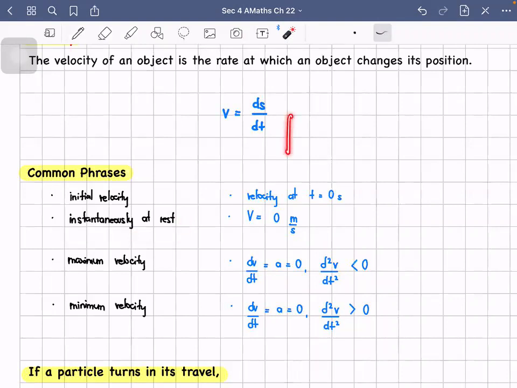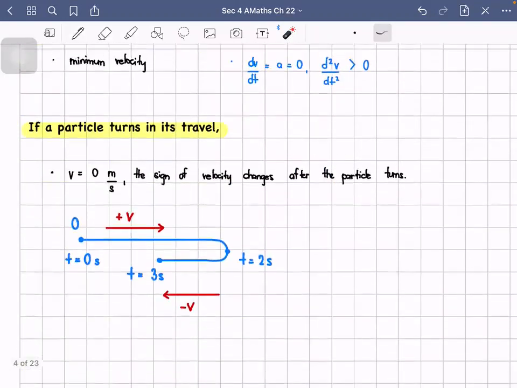So let's say from the origin it goes here, and then it goes back like that. So this point here, you will find that it is instantaneously at rest. So when you see this, that means that the particle is turning back. It's going back. All right. And then one more thing.